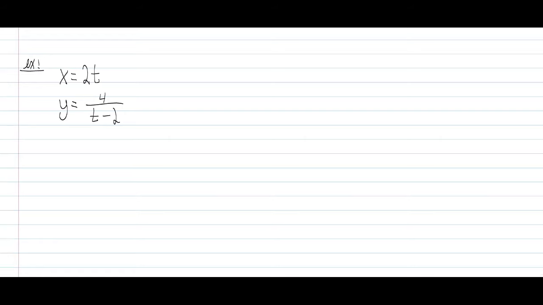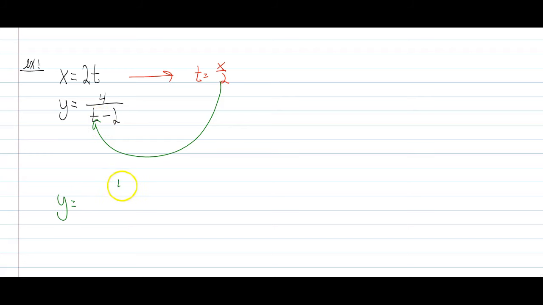Okay, here's our next example. Again, this is one that I see looks a little bit different. It's not just linear. So I'll take the x value and solve it for t. I could solve the y value for t, although that's not really preferred. I want to eventually have an equation in rectangular form as a function that solves for y. And it's also easier to solve this for x. T is equal to x divided by 2. We're dividing both sides by 2, and I will plug that in for t.